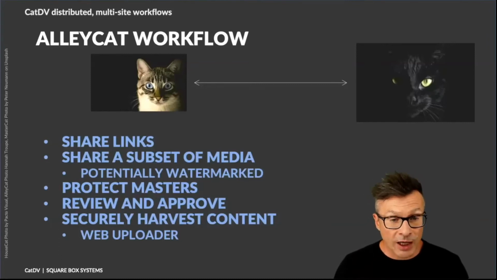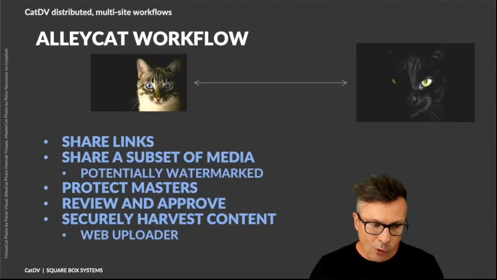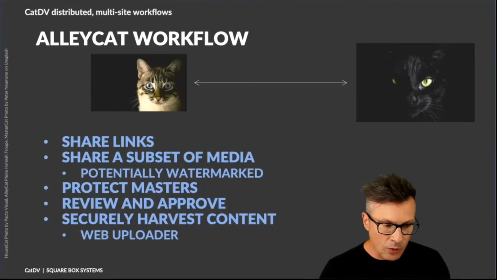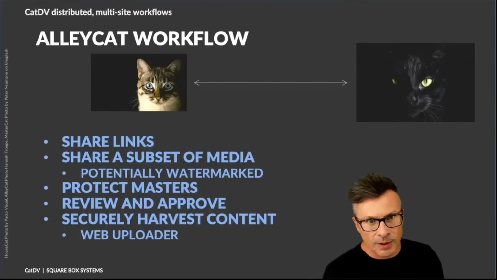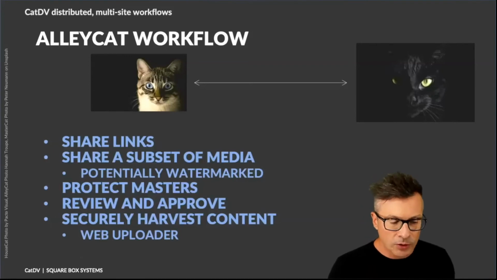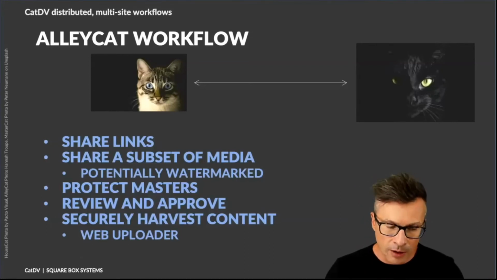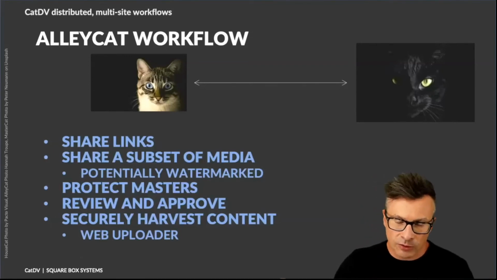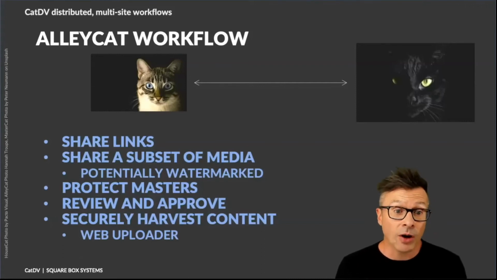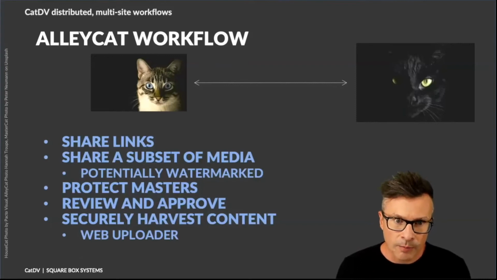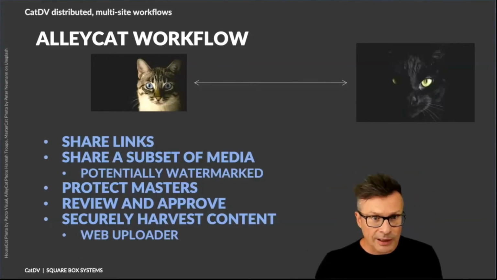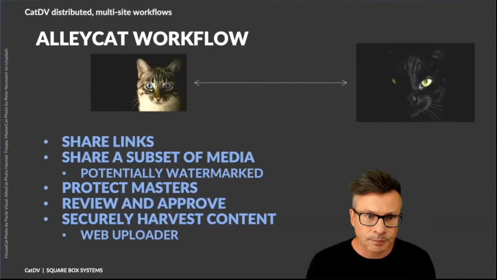And so being able to share the link from CatDV to a separate CatDV server without sharing or exposing any of the masters or in-work assets or any of the metadata and comments that have gone on to do with the review and approve on the internal systems. Just share a link to a playable file that can then be expired in a few days' time to that author. Then sharing that link is a really cool AliCat workflow.